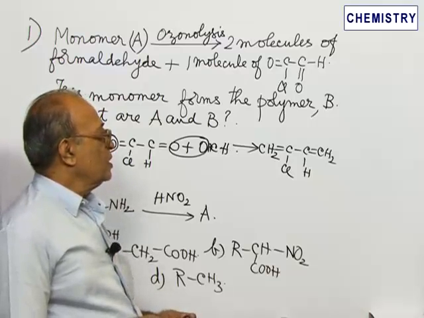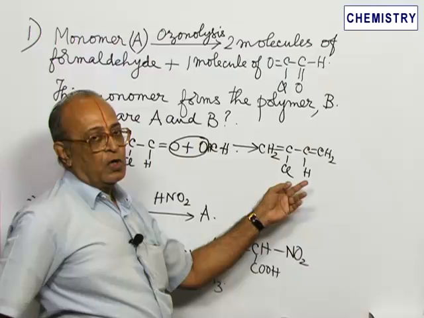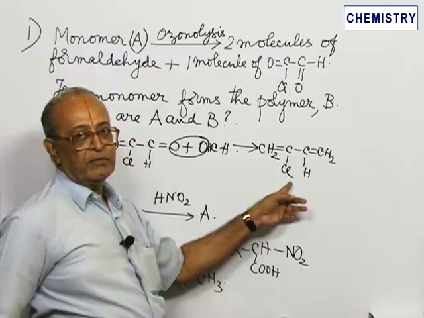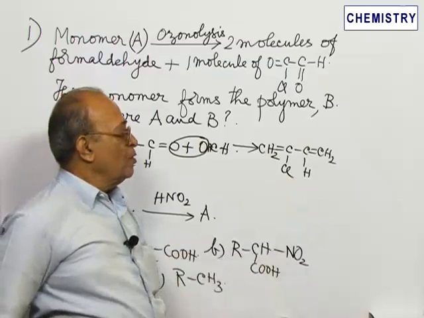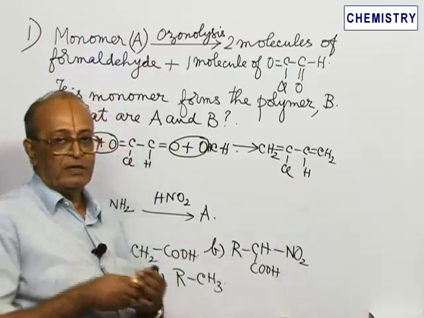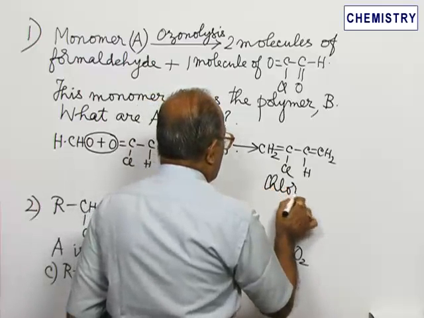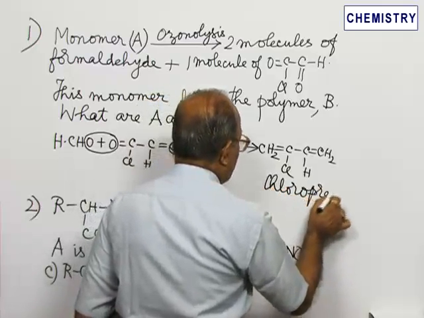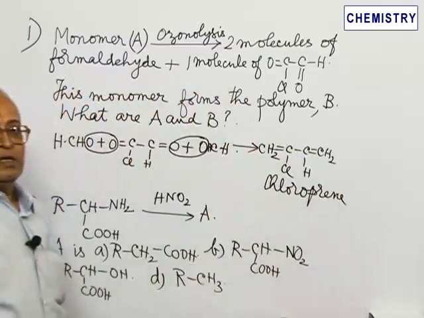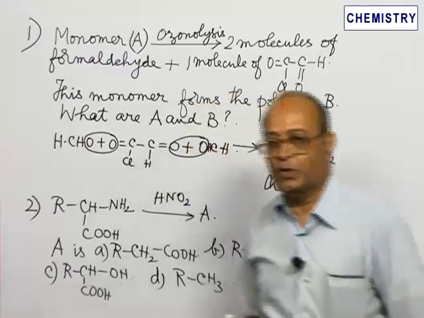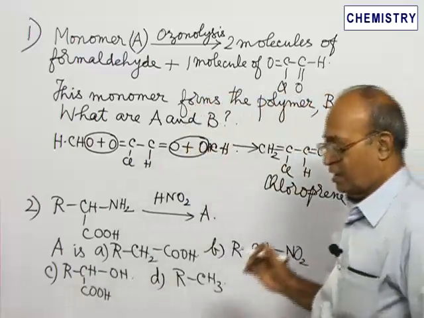This is 2-chloro-1,3-butadiene, and this is known as chloroprene. This derivative of butadiene is known as chloroprene.